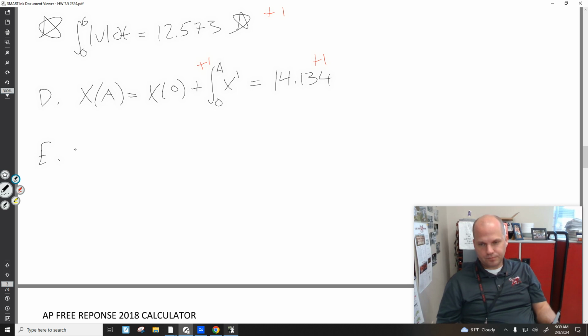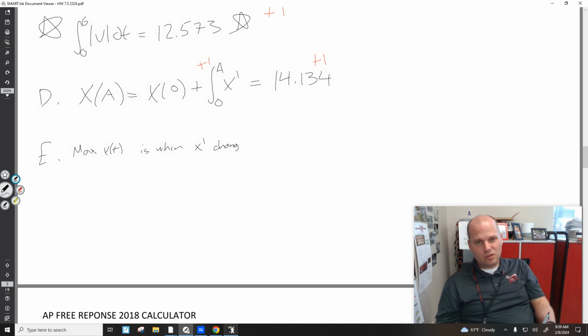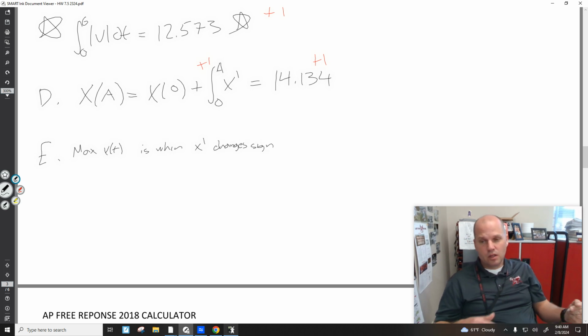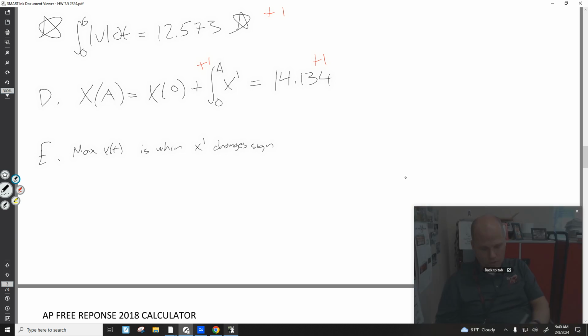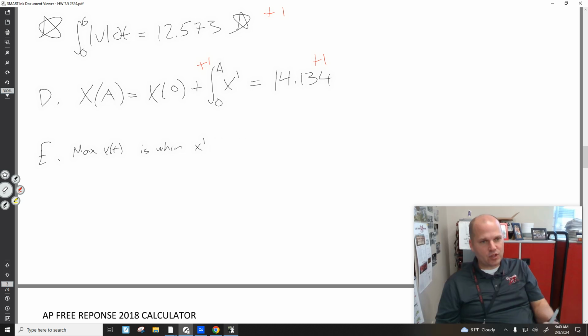You could say the max position is when your derivative equals 0, or you could say it changes sign. You could be specific about how it changes sign from positive to negative. You could just say equals 0 for this case because we're not going to have a crazy amount of candidates, or an endpoint.